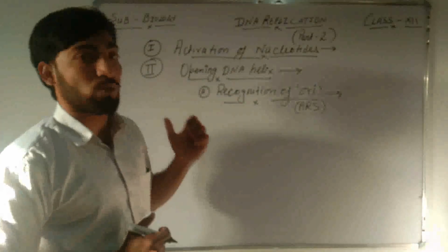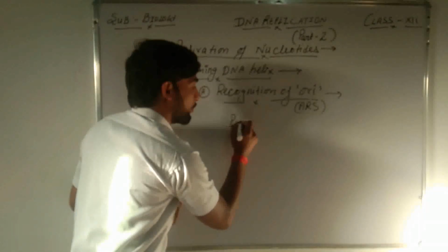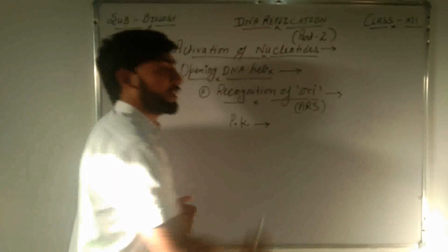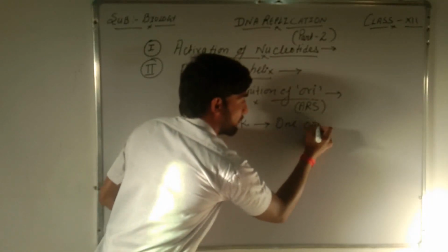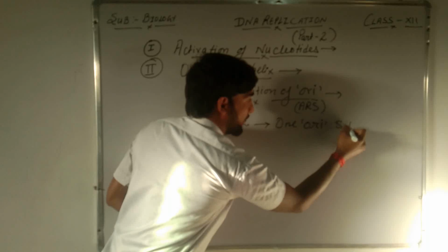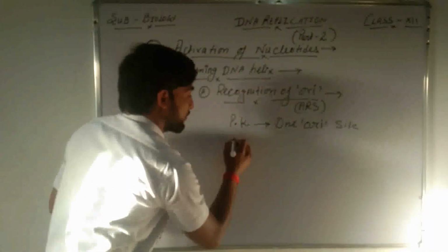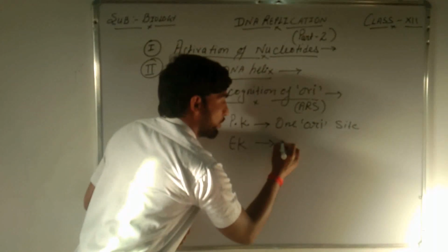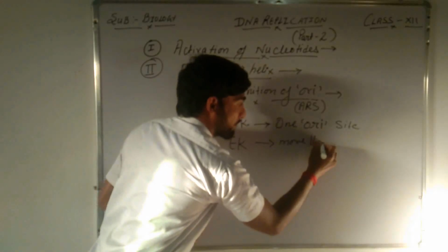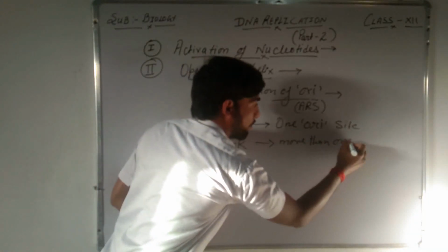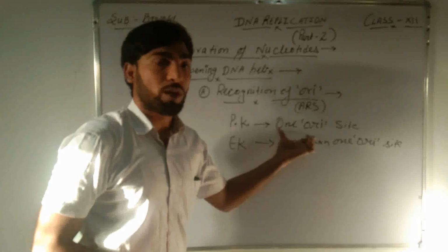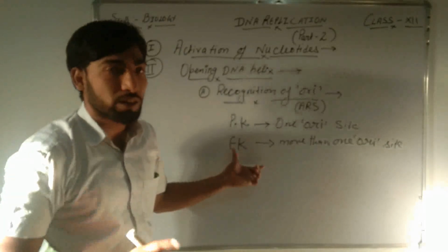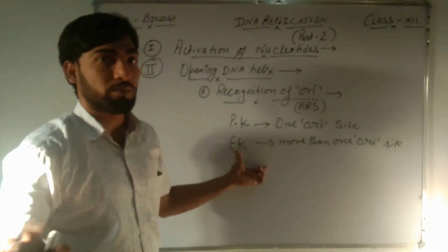Now, in case of prokaryotes, they contain only one ori site, whereas eukaryotes contain more than one ori site.